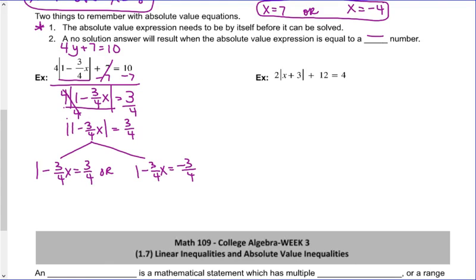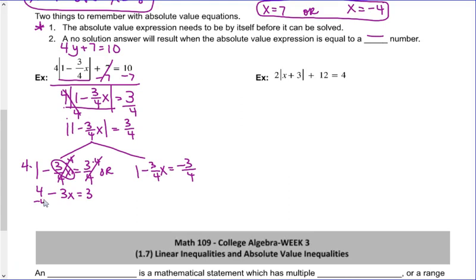Now, this one might look a little bit nastier because it does have some fractions in it, but don't panic. We can get rid of those fractions by multiplying by what's in the denominator. In that case, the common denominator is a 4. Notice that in each one of these fraction ones, they cancel. 4 times 1 is a 4, minus, don't forget that 3 with that x, so we have a 3x, is equal to a 3.